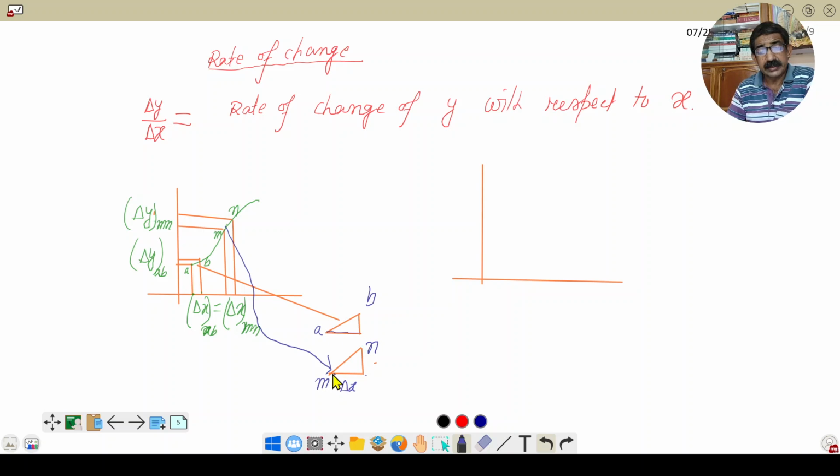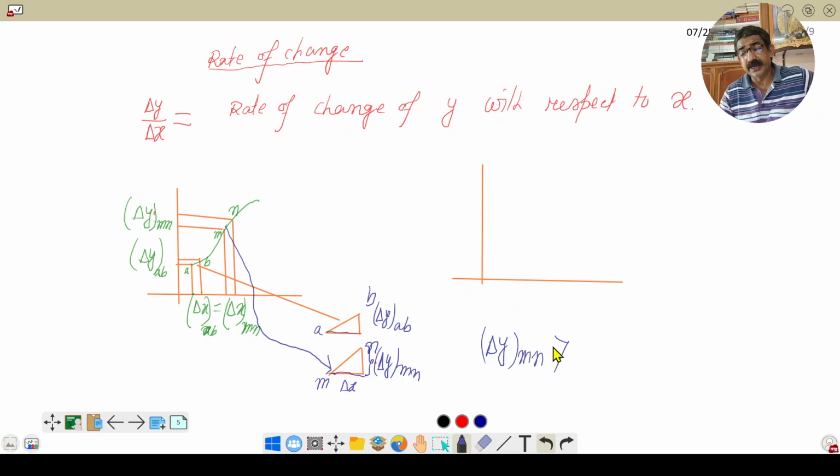These two lengths are the same, but this length delta y for M and N is greater than delta y for A and B. Then we can say the rate of change of y with respect to x is higher at this point, and at this point the rate of change is lower.